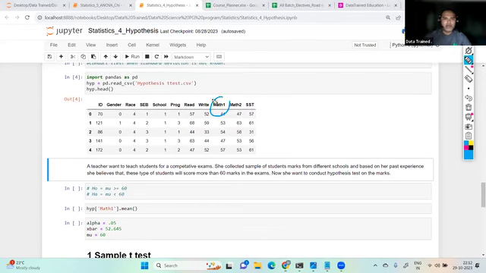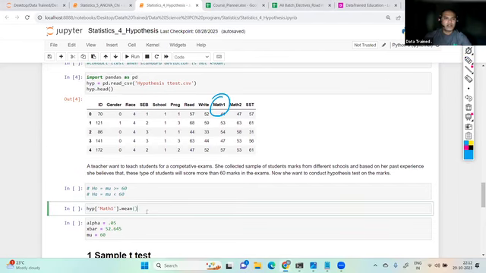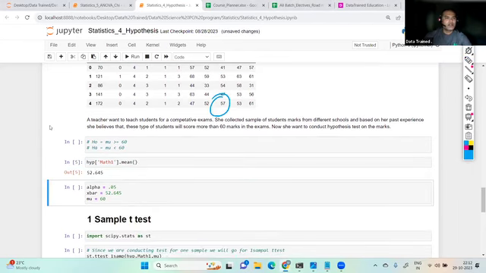We'll take the maths 1 score, right? The average maths score is 52.645, so we will say sample average, that is 52.645.